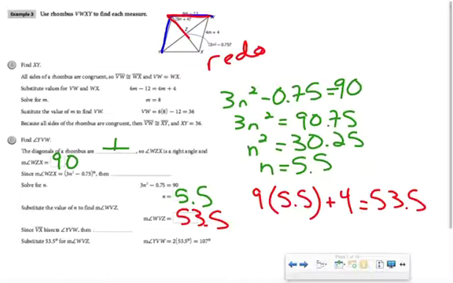Since VX bisects angle YVW, then the measure of angle YVW will equal 2 times the measure of angle WVZ. And they've done the last step for us. When I substitute in 53.5 for the measure of angle WVZ, we find that the measure of angle YVW is 107 degrees.